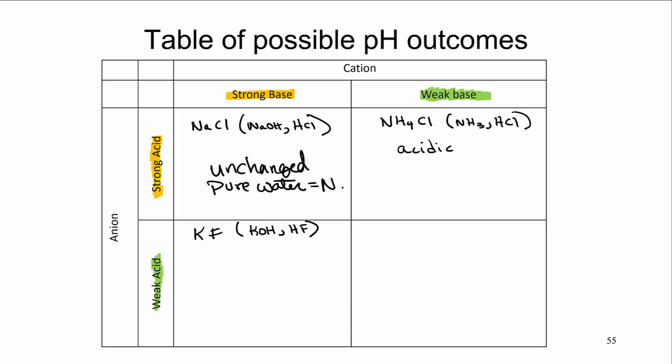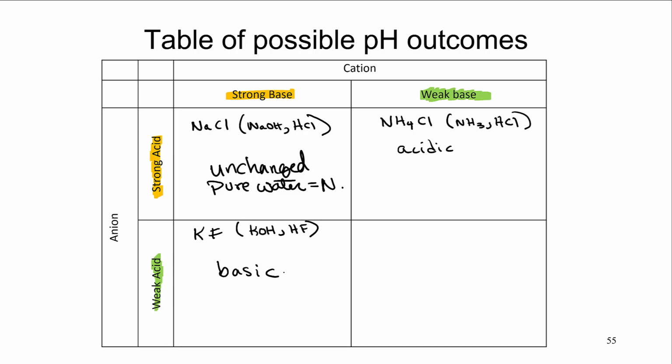So if that's the case, the cation cannot have any effect on the pH because it comes from this strong base, KOH, and KOH won't form back in solution. The fluoride ion wants to form the weak acid HF, and so you end up getting a solution that becomes more basic. So the pH will be greater than 7. It won't be neutral anymore if you start with pure water.